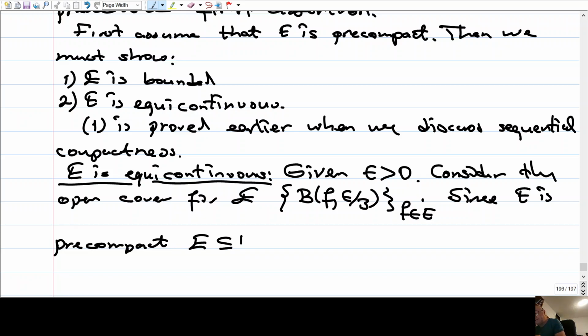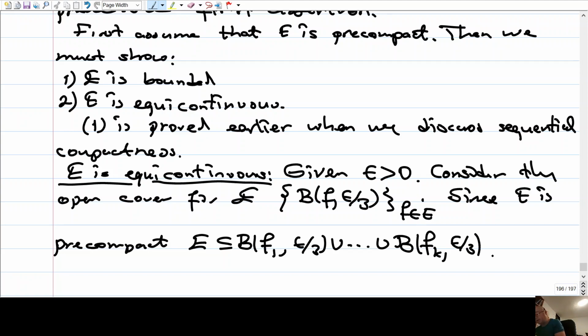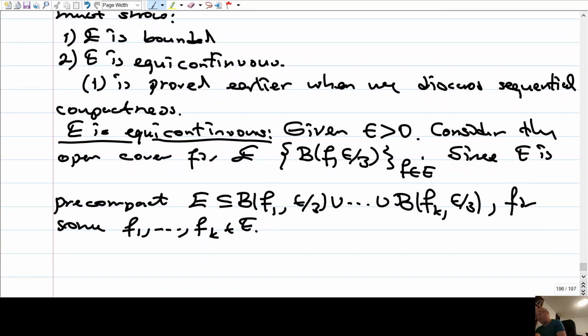E is contained in finitely many of these balls, say B(f1, epsilon over 3) up to B(fk, epsilon over 3) for some f1 to fk in E. Pre-compact, right?